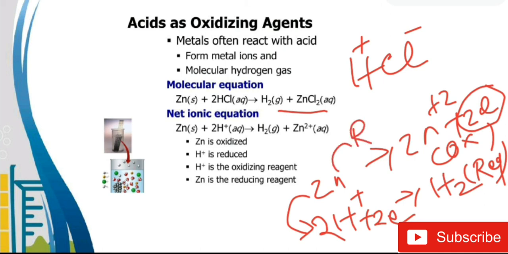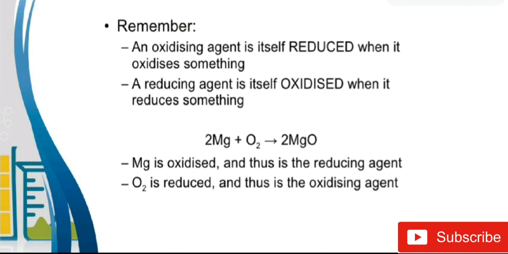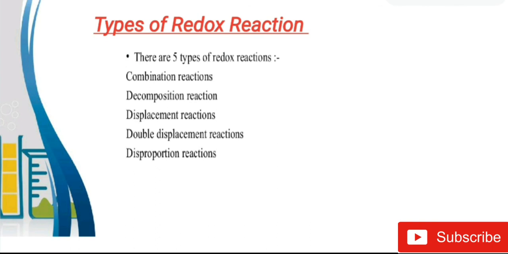So zinc is a reducing agent and the hydrogen ion, or H+ ion, acts as an oxidizing agent. So remember children, an oxidizing agent reduces itself and oxidizes other substances, and a reducing agent oxidizes itself but reduces others.